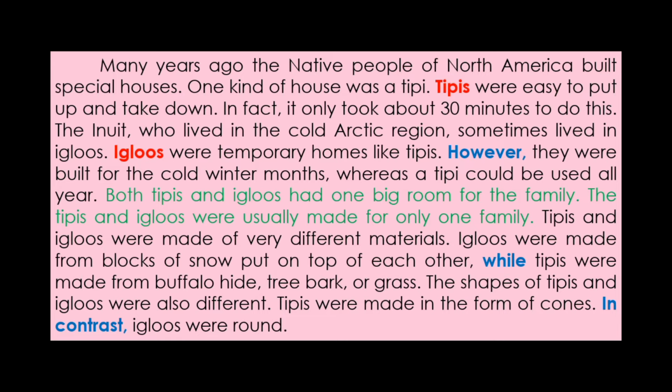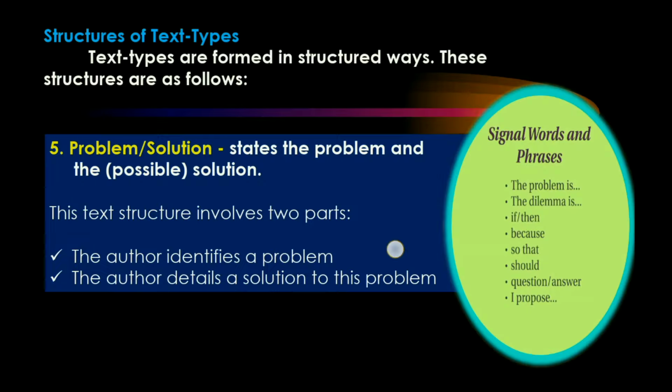Igloos were made from blocks of snow put on top of each other, while teepees were made from buffalo hide, tree bark, or grass. And the shapes of teepees and igloos were different too. Teepees were made in the form of cones, while igloos were round. So those are the differences. Okay? So I hope you understood what compare and contrast means.